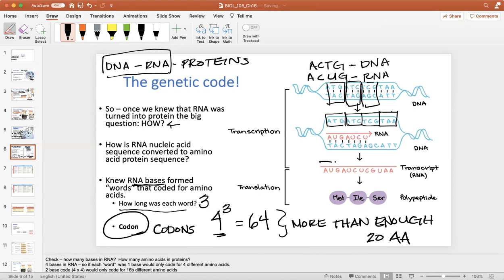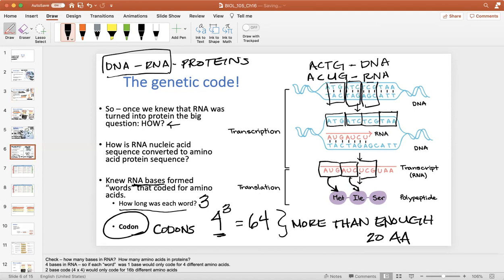So this is a codon here. This codon corresponds to this amino acid, which happens to be an amino acid called methionine. These 3 here code for this amino acid right here, which is isoleucine.